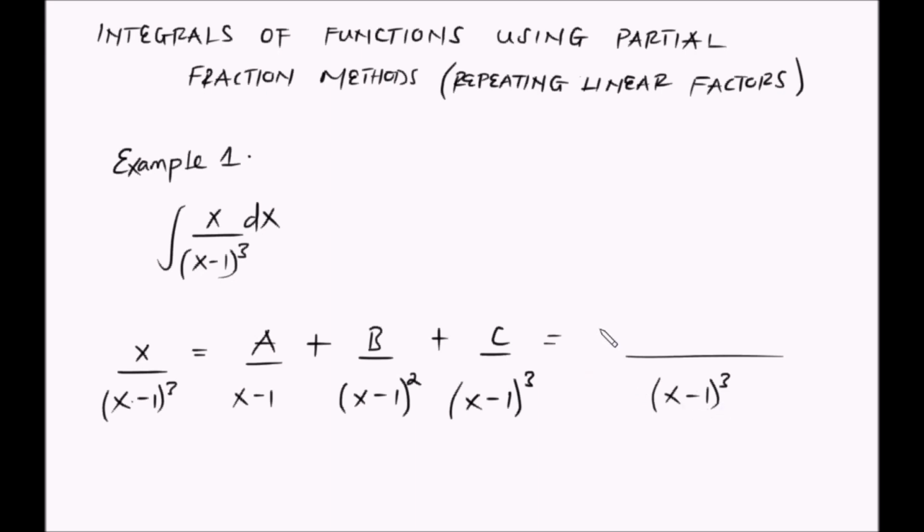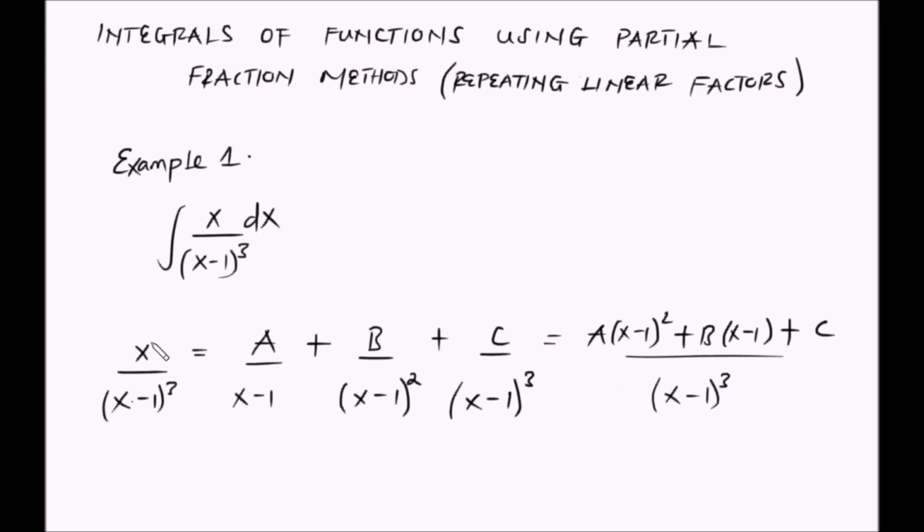So manake hapa juu sasa itakuwa ni a times x minus 1 squared. So nasikia x minus 1 cube divided by x minus 1 napata x minus 1 square. Lakini x minus 1 cube divided by x minus 1 square napata x minus 1. So plus b x minus 1 and then x minus 1 cube divided by x minus 1 cube ni 1 kwa plus c.